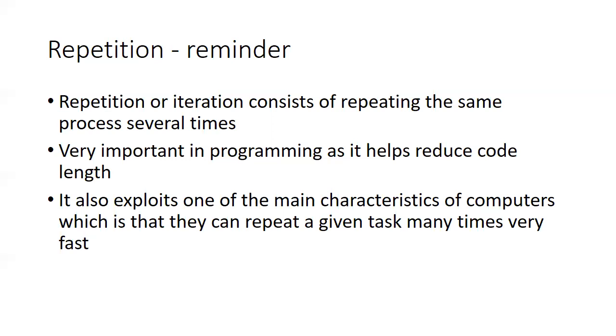But what the computer can do better than a human is it has speed. It can process millions of commands in a second. You talk about your computer processor having gigahertz clock speed. Gigahertz, that's billions of cycles per second.